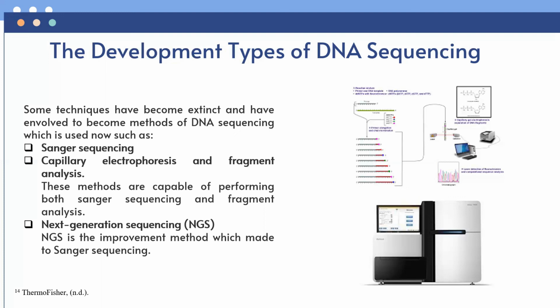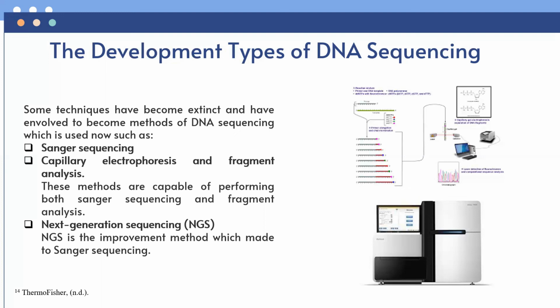In both NGS and Sanger sequencing, DNA polymerase adds fluorescent nucleotides one by one onto a growing DNA template strand. Each incorporated nucleotide is identified by its fluorescence tag.